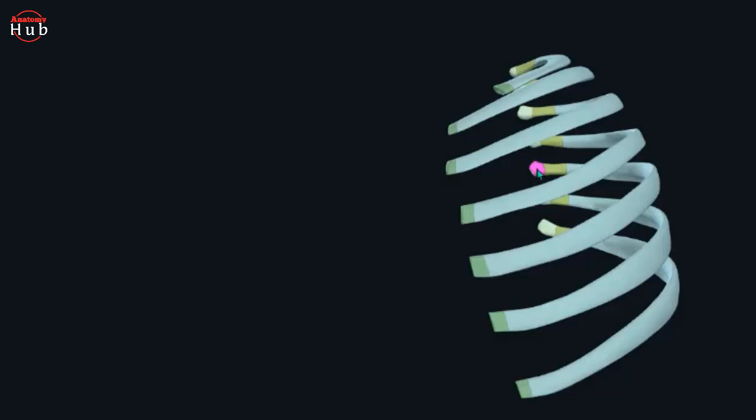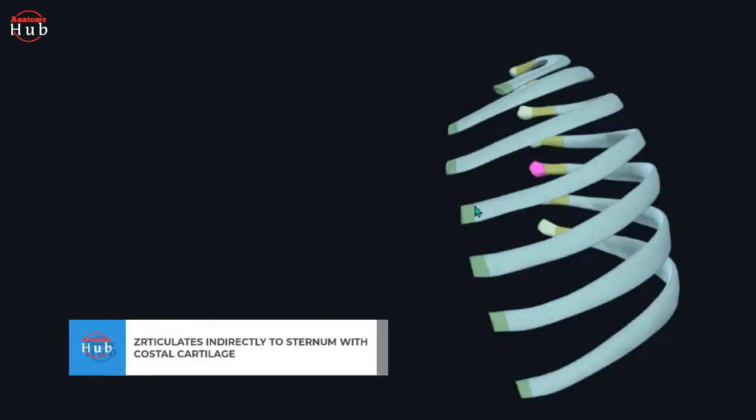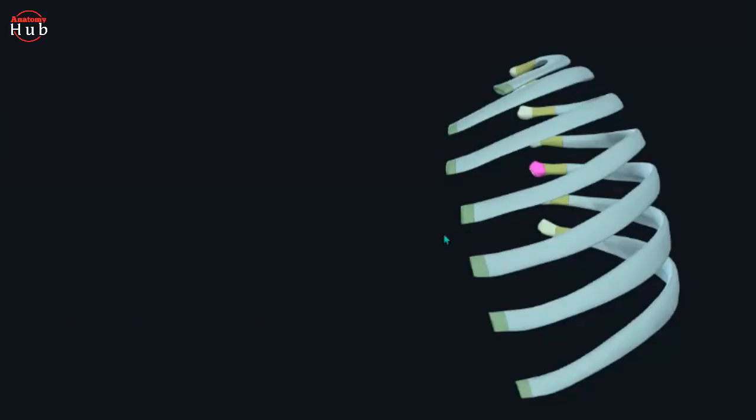And here you'll find these ribs are not directly articulating with the sternum. Rather, they are articulating with the sternum by the cartilage. So you will find there are 12 pairs of ribs. The ribs are a set of 12 bones, which mainly protect the thoracic cage.